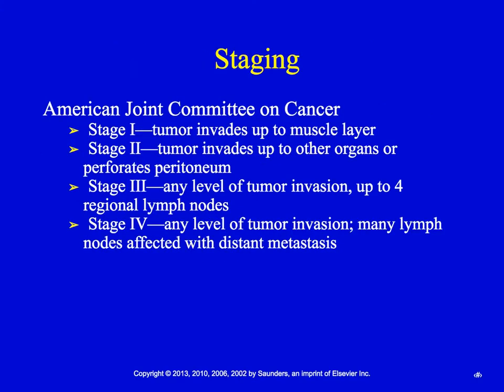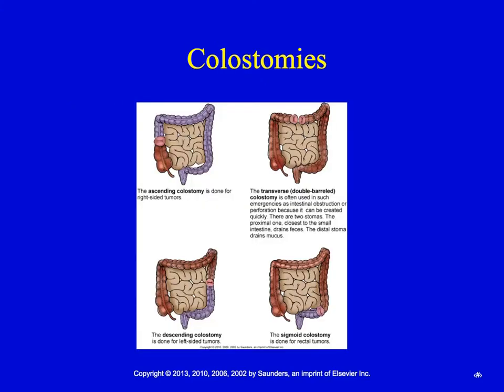This is just a review of the staging of colon cancer and just kind of let you know what each stage refers to. And again, stage 4 would be the most invasive metastasized stage of the cancer. So this picture is a visual of where they would put a colostomy depending on where the tumor is.